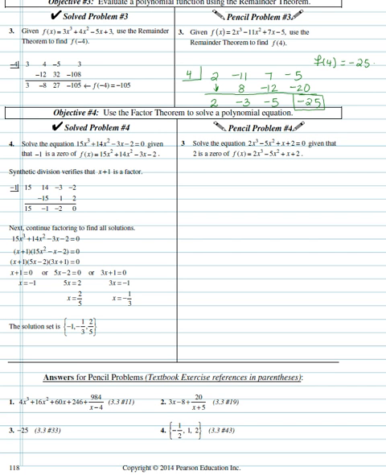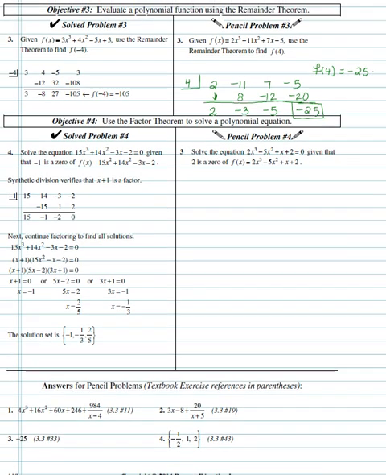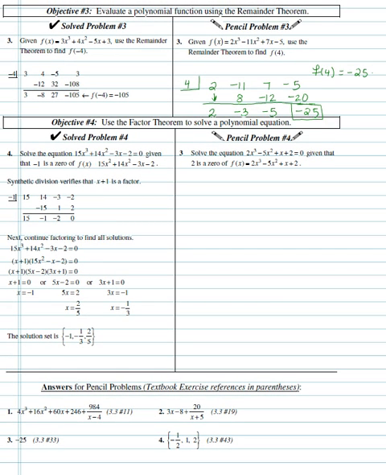Solve the equation 2x cubed minus 5x squared plus x plus 2 is equal to 0, given that 2 is a zero of the function. Zeros of the polynomial, x-intercepts of the polynomial, they are all the same. They have already given us one zero and they're asking us to find the others.